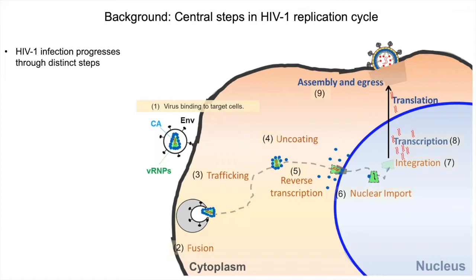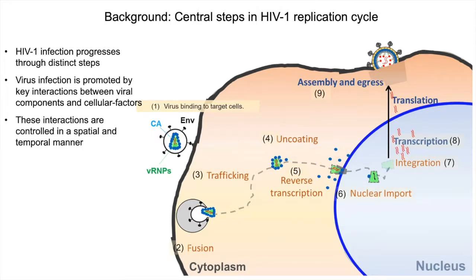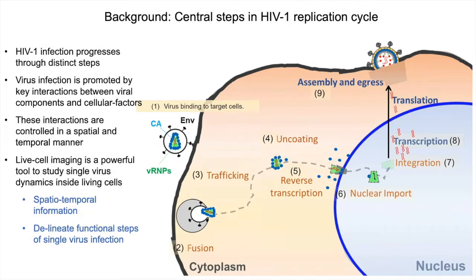So there are really distinct steps in viral replication, and all these steps are regulated by the ability of the virus to interact with host factors. So you can label the host factors and visualize virus infection, or label the viral proteins and visualize how they behave inside cells. These interactions that allow the virus to progress through replication are controlled in a spatial and temporal manner inside cells.